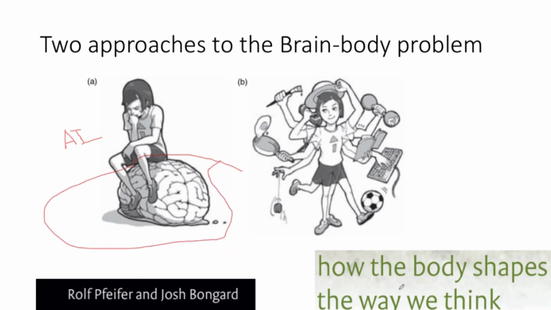Whereas the other group, for example Rolf Pfeifer and Josh Bongard's group, talk about how our body, our different somatosensory experiences, as you can see all around us, actually shape our thought process in the brain. So both approaches we will try to cover while designing the cognitive robot.